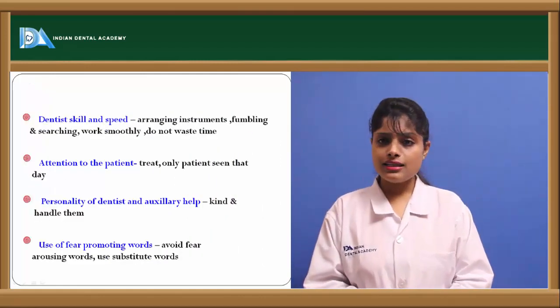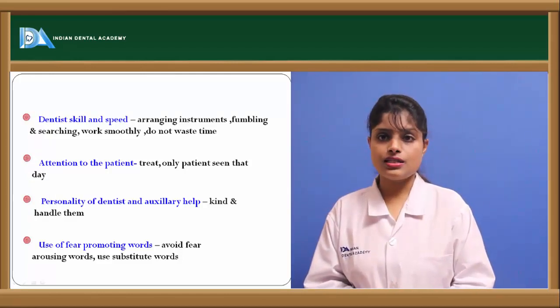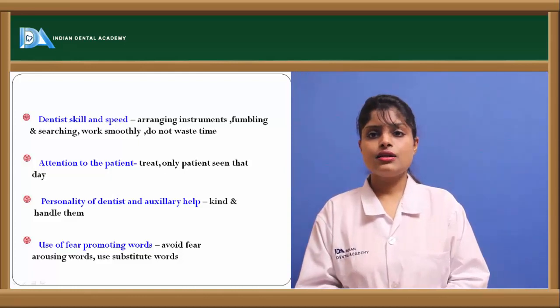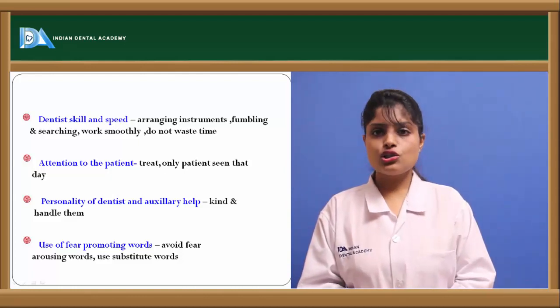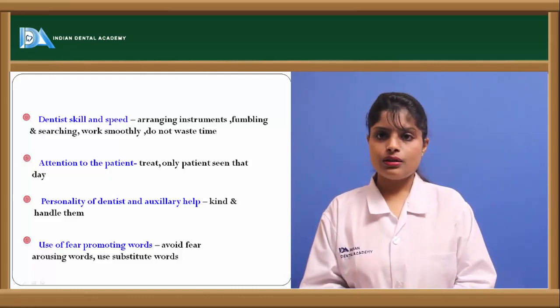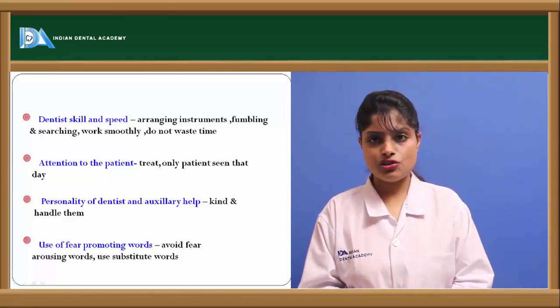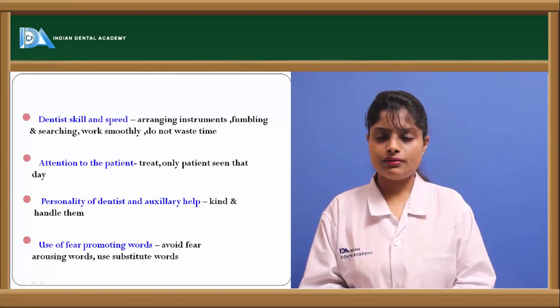The skill and the speed of the dentist should be very accurate. The dentist should be highly skilled to perform the treatment, and should not be sluggish, like finding instruments or arranging the instruments, etc. The patient should preferably be the only treatment patient in the following appointment.